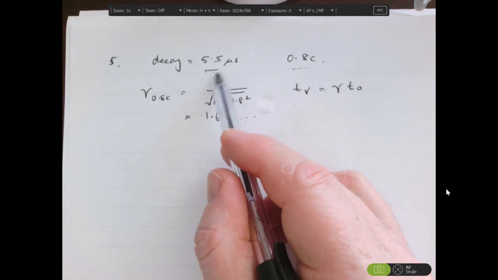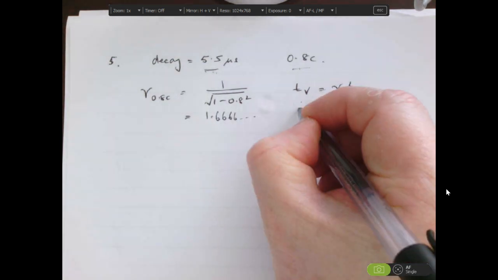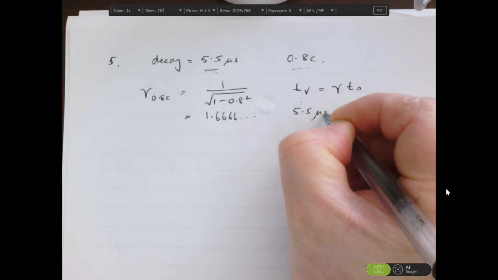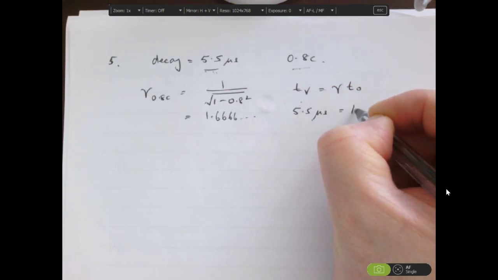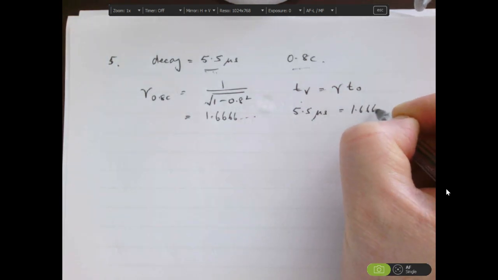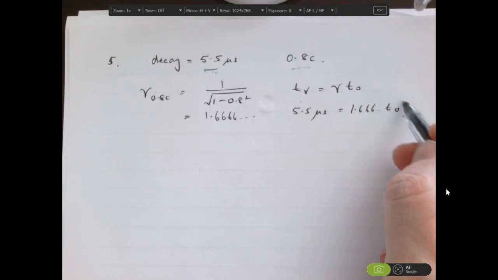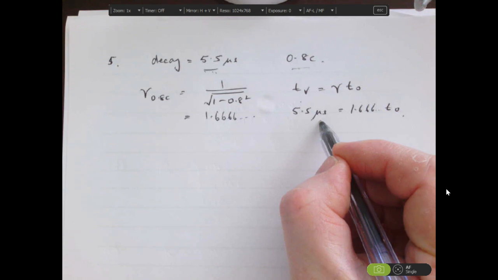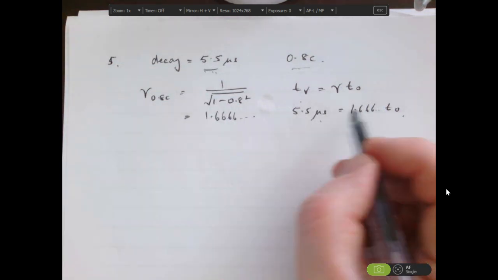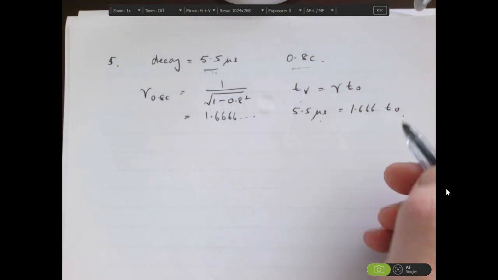So this is t_v. So 5.5 microseconds equals gamma, which is 1.666 repeating, times t naught. Now t naught will be measured in microseconds because this formula respects the units.